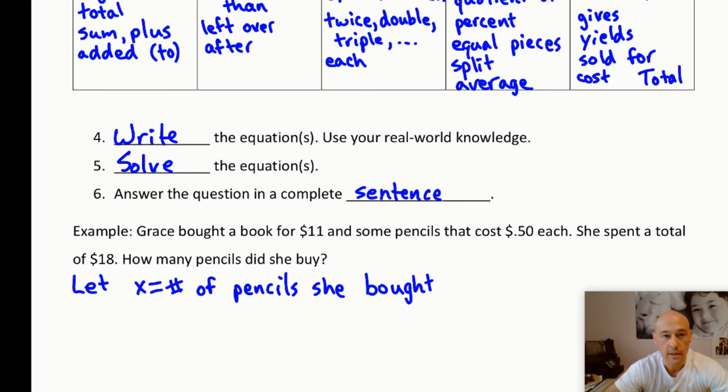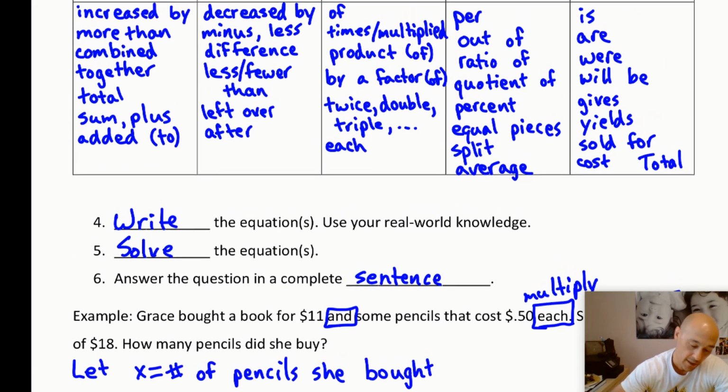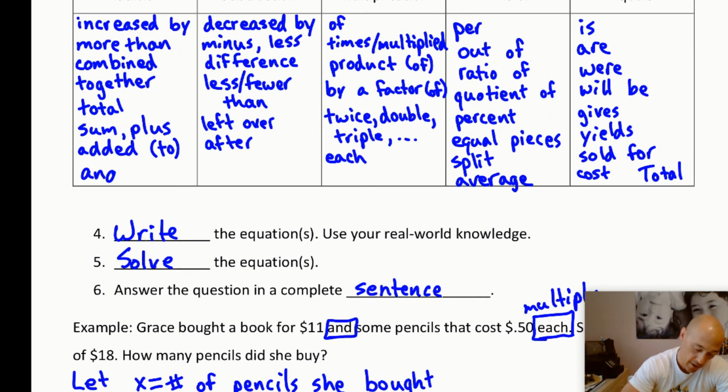All right. Step 3, look for keywords. I see each. That's a keyword meaning multiplication. I see total of $18. Total is equals. I see and, and this is one actually that wasn't included up here. Let's include and up here.